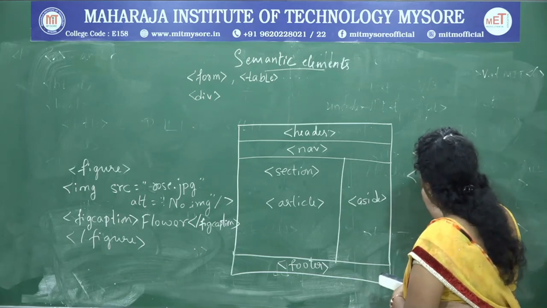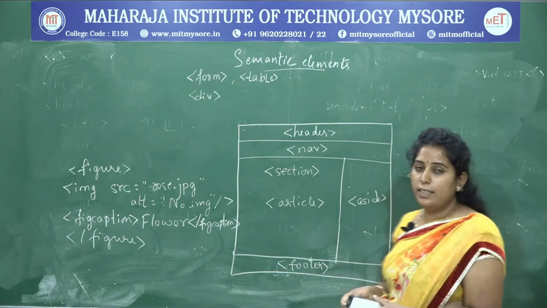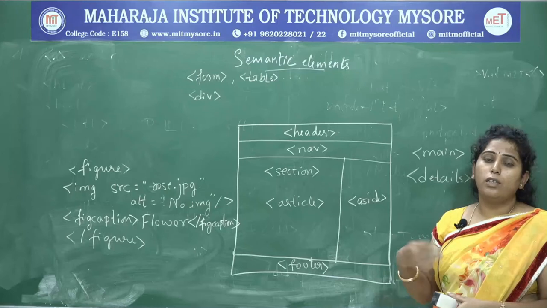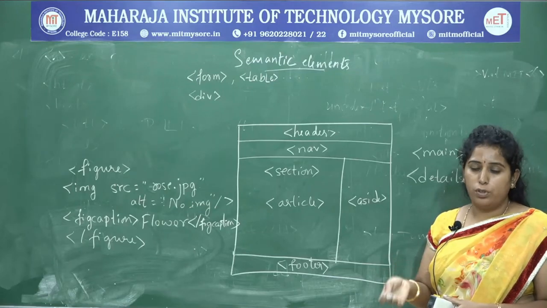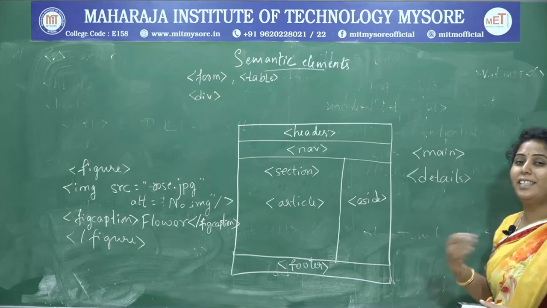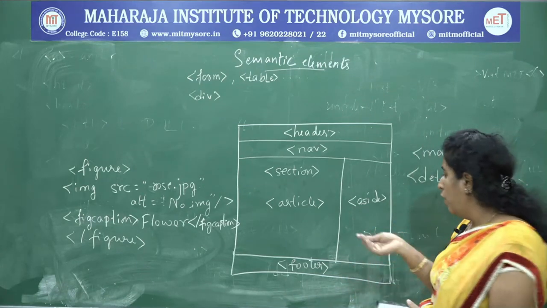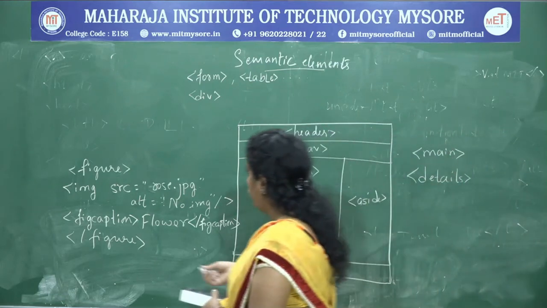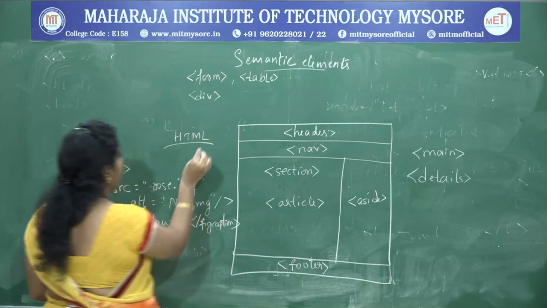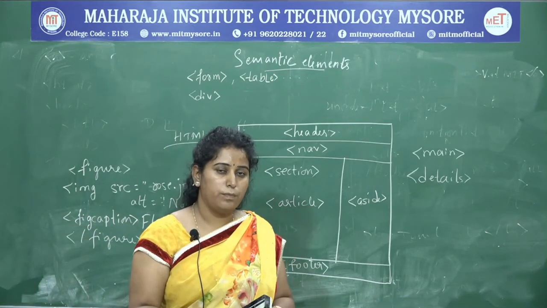So next is about details. Details gives the user flexibility. The user on demand can open that content or close that content. Okay. So details is used for providing detailed information. It's similar to a note. For example, I have used some term called HTML. Okay, this abbreviation may not be known to all users.